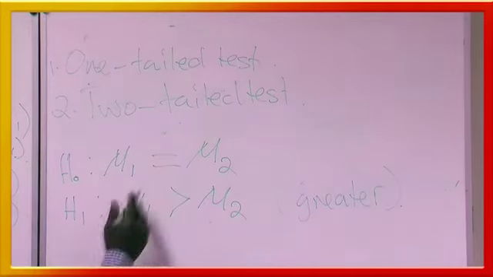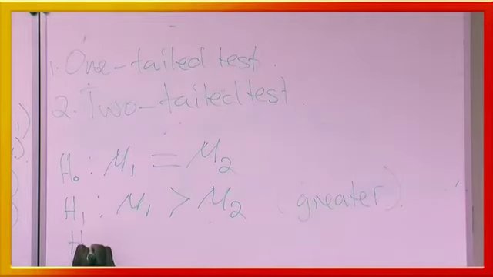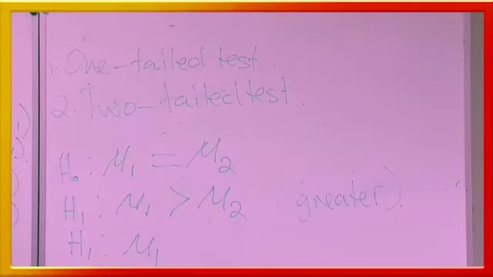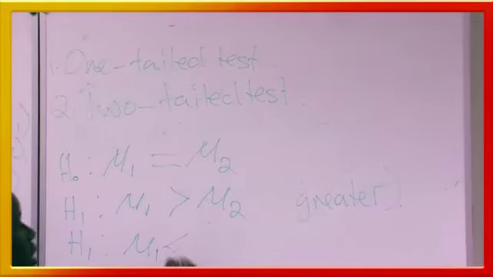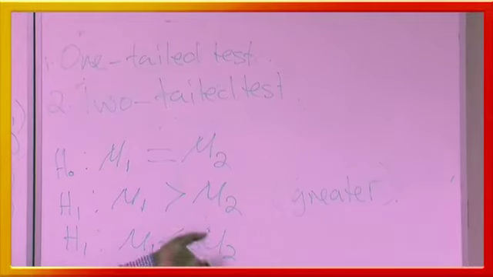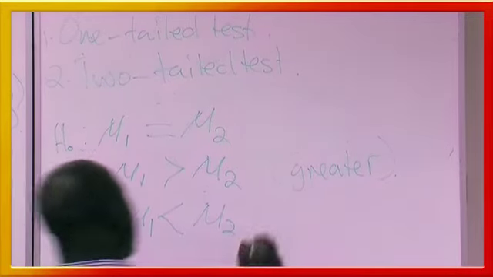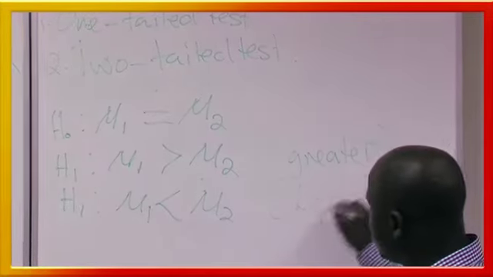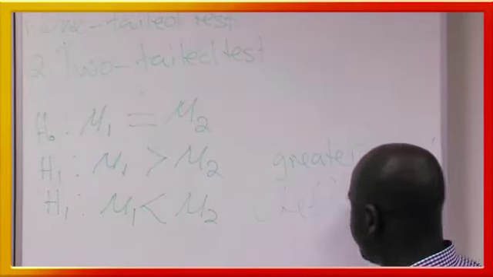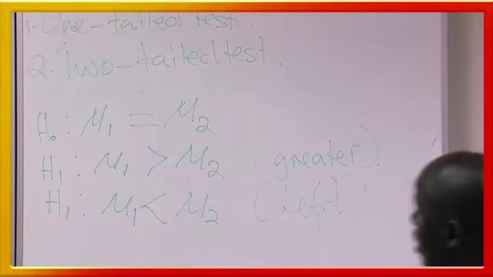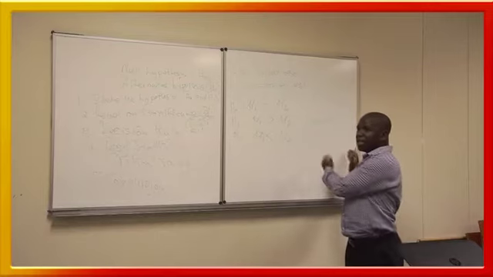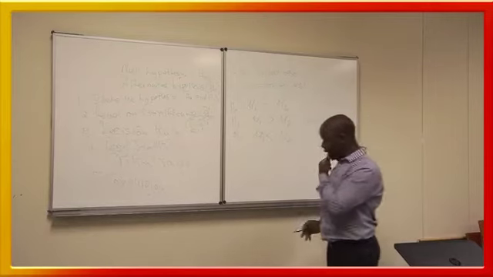Now, suppose our H1 was saying the average performance of UNAM students is actually less than the average performance of the students from this other university. We call it one-tailed, but in this case it's tailed to the left. So these are two examples of one-tailed: one tailed to the right and the other tailed to the left.